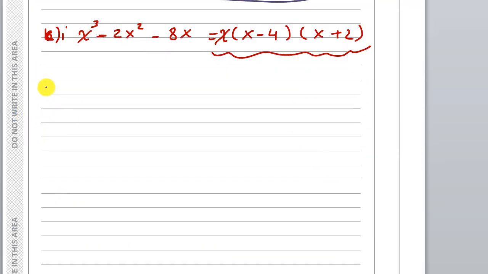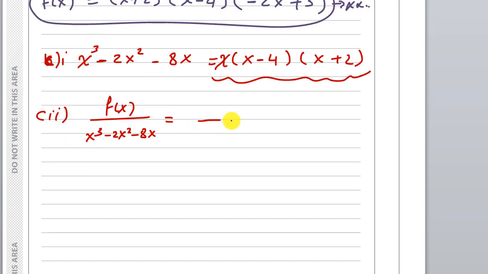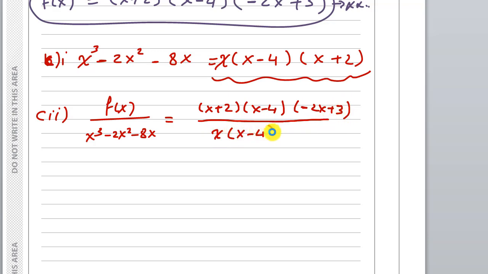This is c double I. We have f of x divided by x cubed minus 2x squared minus 8x. So it's equal to f of x, x plus 2, x minus 4, minus 2x plus 3, divided by x, x minus 4, multiplied by x plus 2.